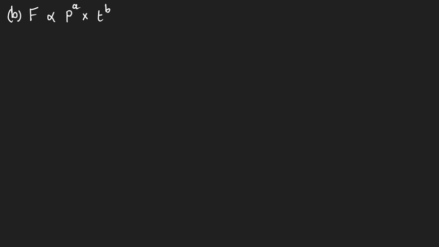Now, what are the dimensions of force? The dimensions of force is simply m, l, t to the power negative 2. You can put it in unit form from dimensional analysis, meaning the units for force. Okay, let's solve it using units.